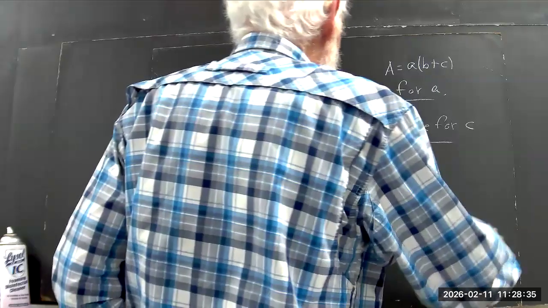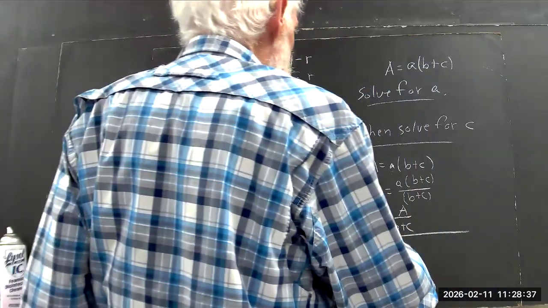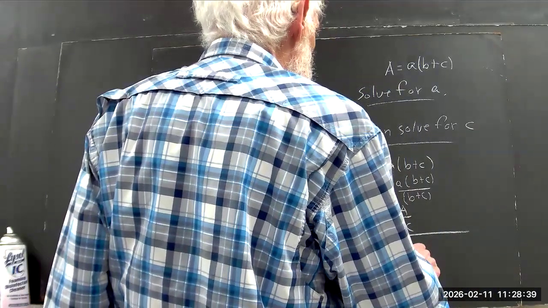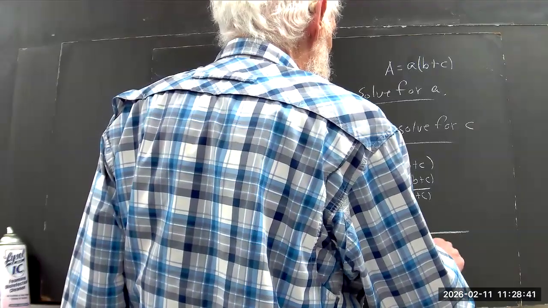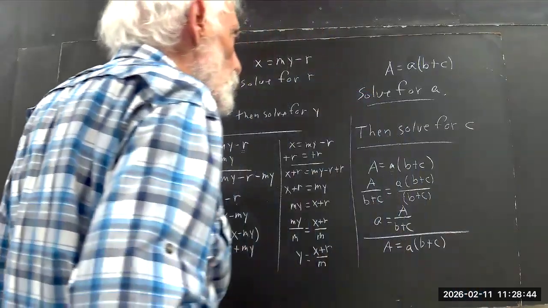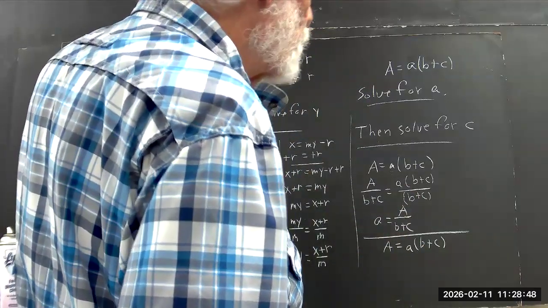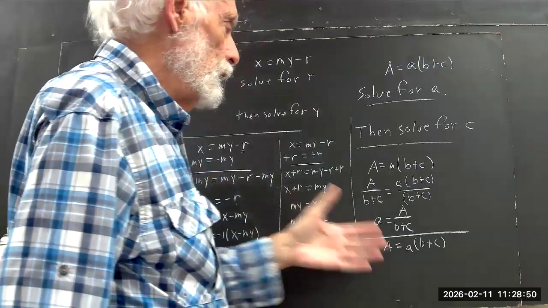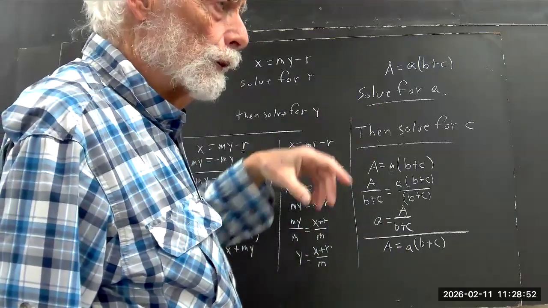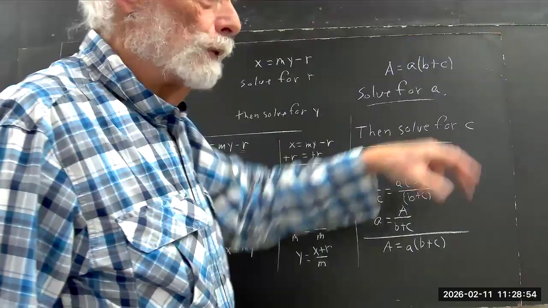Now we want to solve the same equation, big A equals little a times the quantity b plus c, and we want to solve this equation for c. Many people in the previous problem, where we were solving for a, wanted to do the distributive law first.